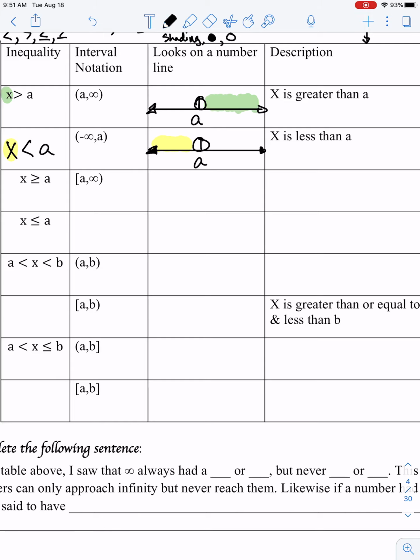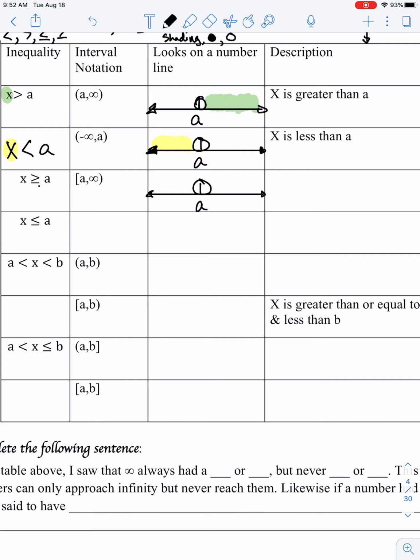However, if you have an equals to sign, in this case, x greater than or equal to a is essentially the first thing we did, except we have an equals to sign, and now we have a bracket on the left versus a parentheses.